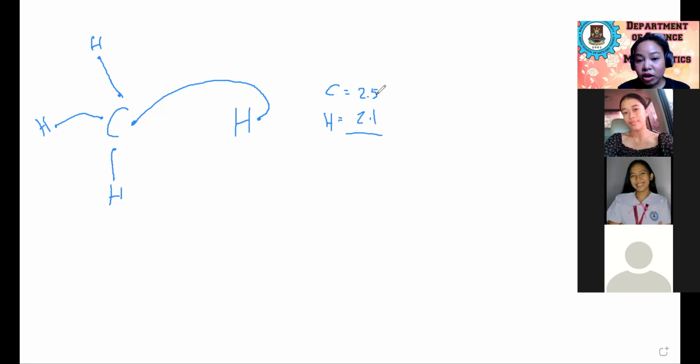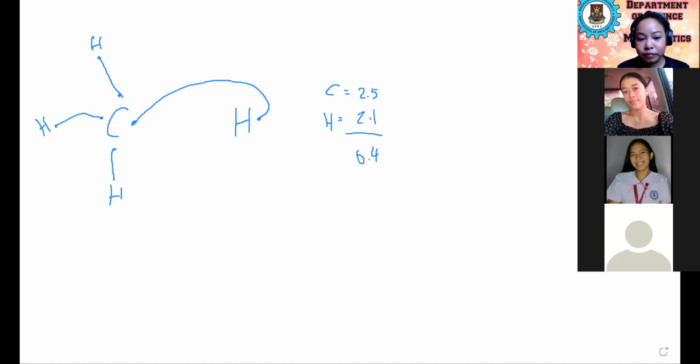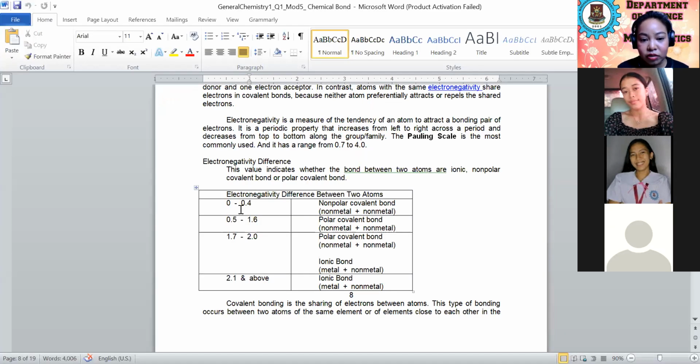So 5 minus 1 is 4. 2 minus 2 is 0. So the value is 0.4. So balik ta dinhi sa atong table. Diri sa table, pangitaon nato si 0.4. 0.4 falls down to non-polar covalent bond.